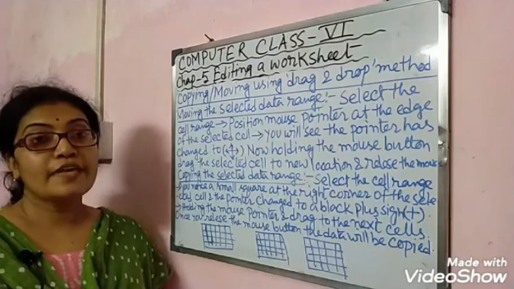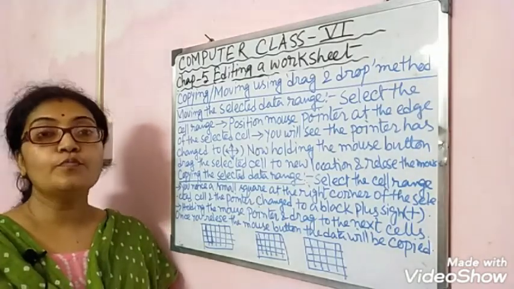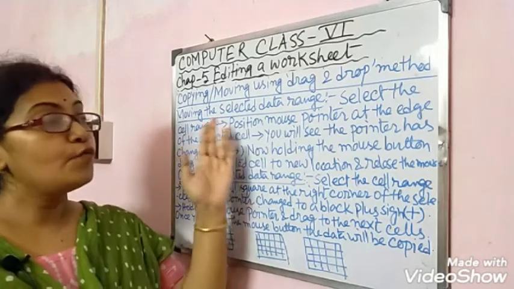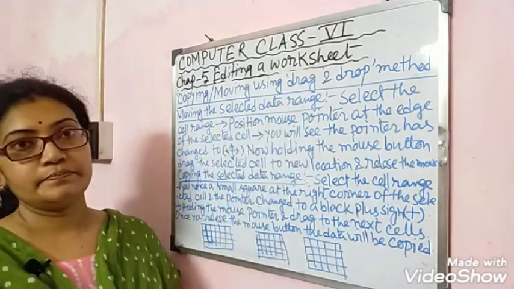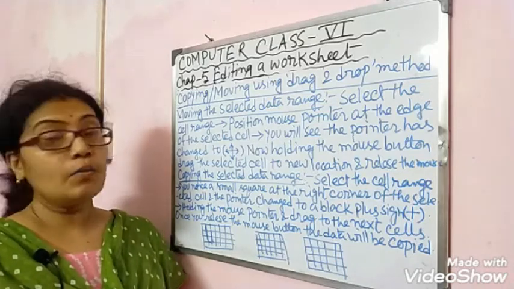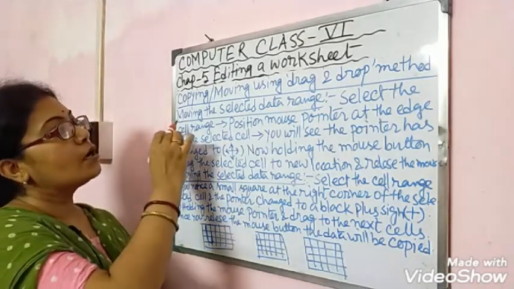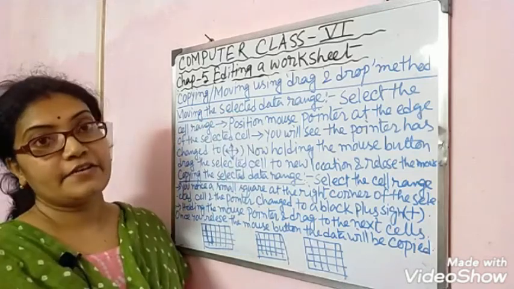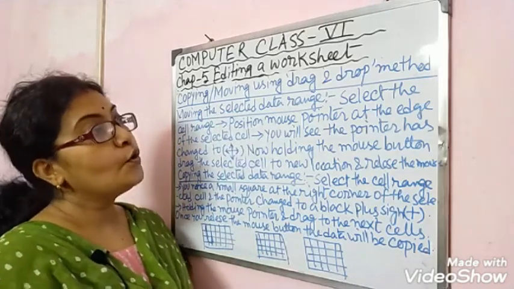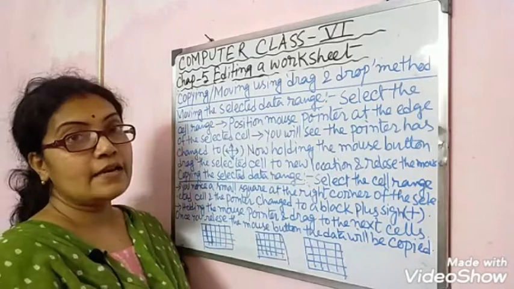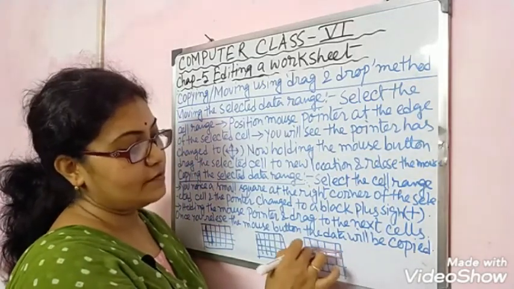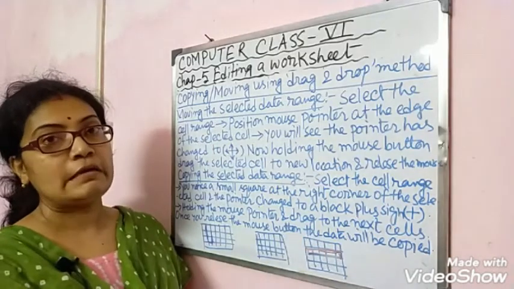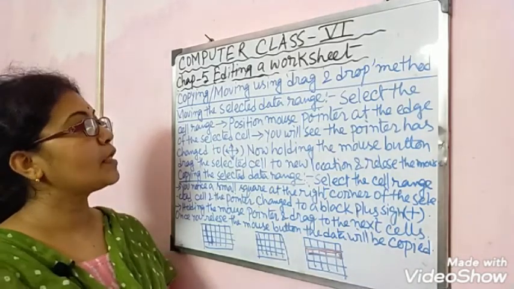Friends, we can copy or move data in a worksheet by using the drag and drop method. How? First, moving a selected data range. First of all, we have to select the cell range that we want to move from here to there.